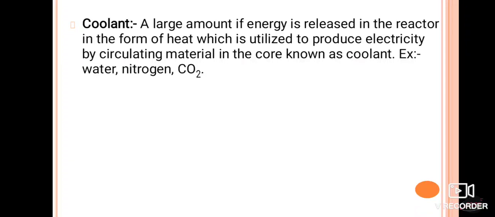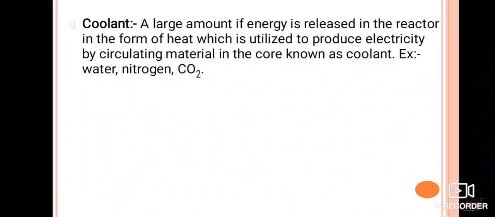Coolant means that whenever a nuclear fission process takes place, a large amount of heat is produced in the entire reactor. To reduce that heat, coolants are used, and the cooling system helps to remove the excess heat produced. By circulating the coolant through the core with the help of a coolant pump, the coolant absorbs the heat from the core and transfers it to the water in the heat exchanger.